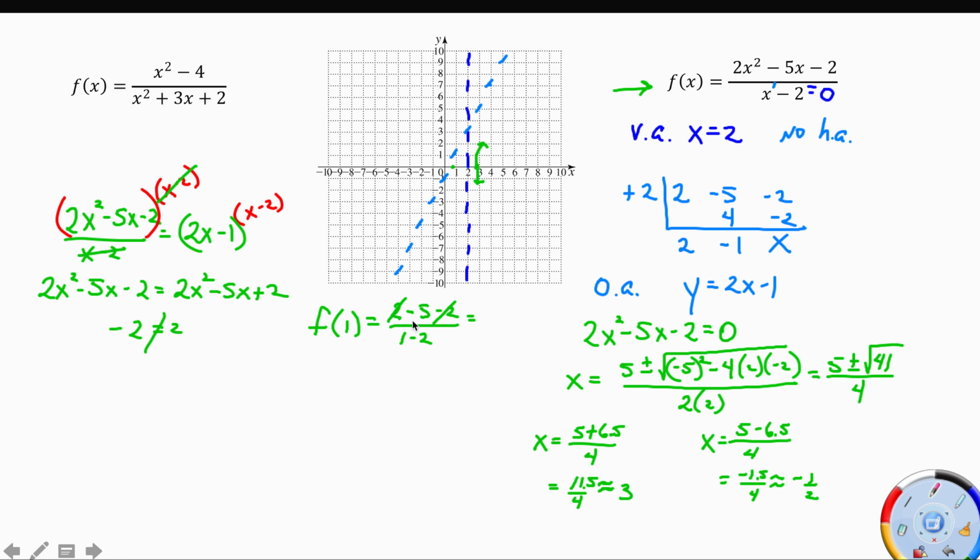Oh, look at this. Negative 5 over negative 1 is positive 5. This is the point (1, 5). I'm up here. Okay, let me re-look at that point.